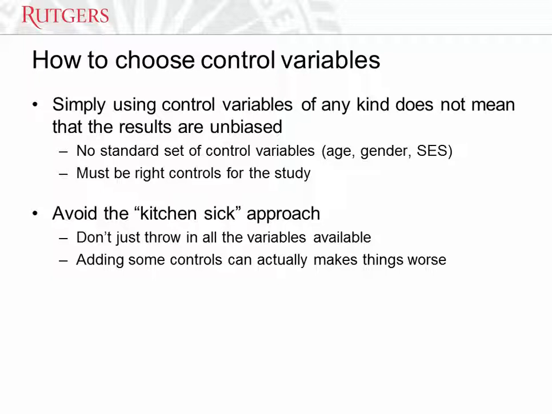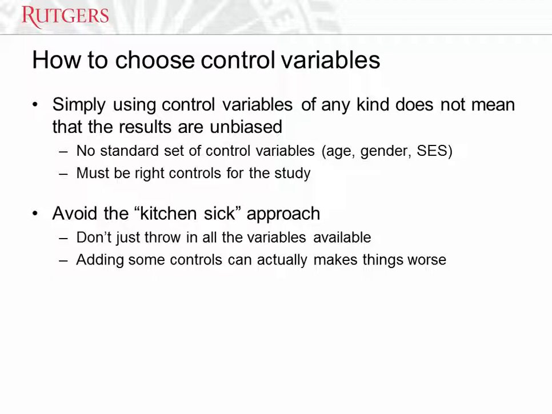So let me just point out that simply using control variables of any kind does not solve the problem. It does not eliminate the bias, because there's no standard set of control variables. Some studies tend to use things like socioeconomic status, gender, age, race, and other basic demographic variables.